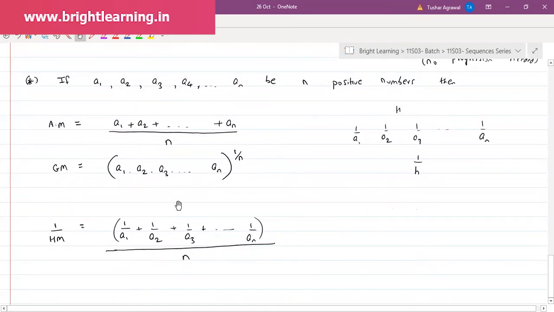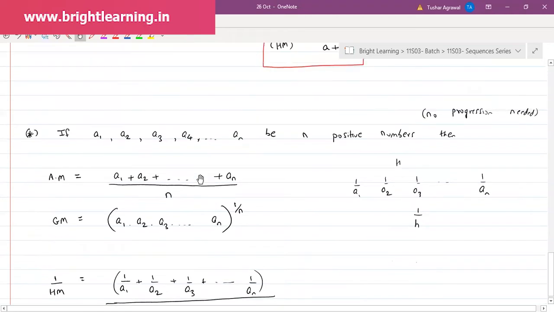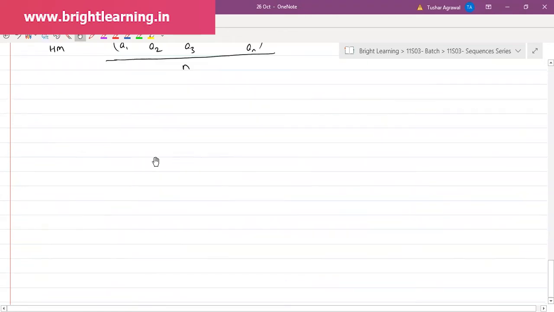Now, once you have these formulas with you, there is a standard result.